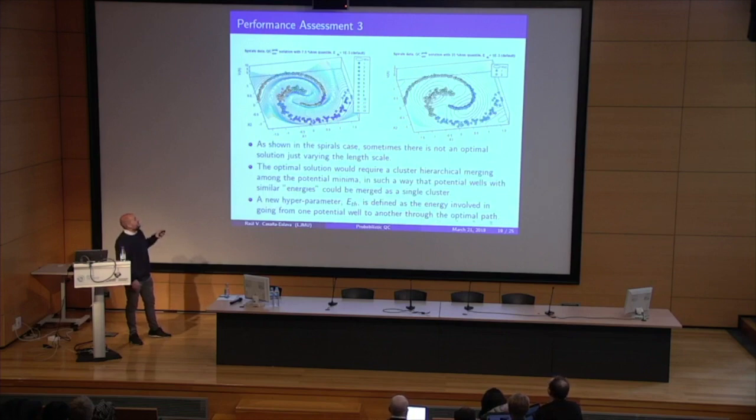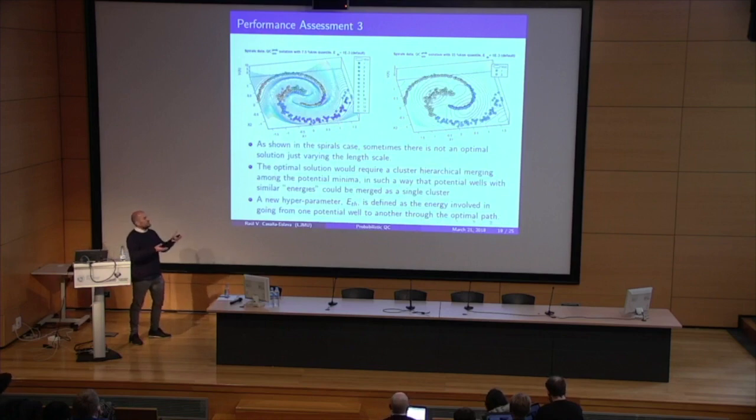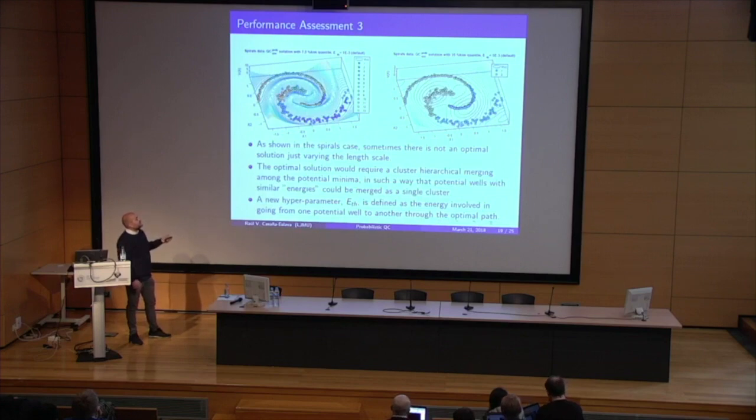Even though the spirals are not mixed, you are not obtaining the optimal solution. And if you increase the length scale, at some point you mix the spirals, because the length scale is so big that the potential has two big potential wells, and you are mixing the spirals. So there is no optimal solution if you only play with the length scale.